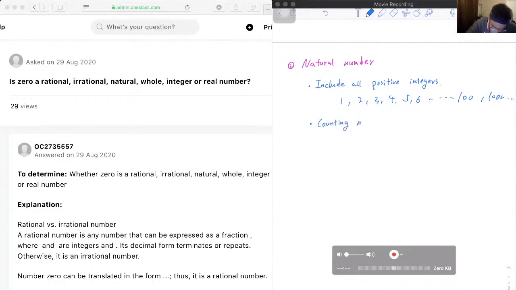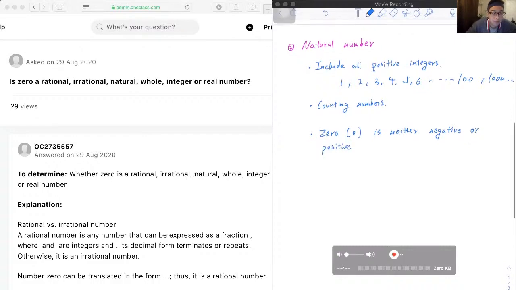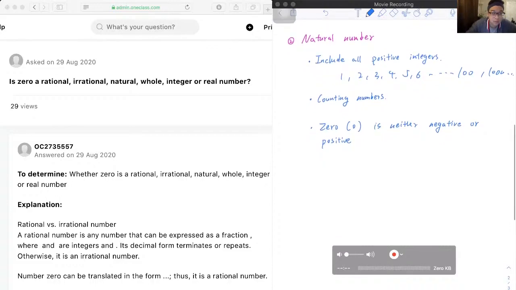And we know that 0 is neither negative nor positive, and it is not used for counting.